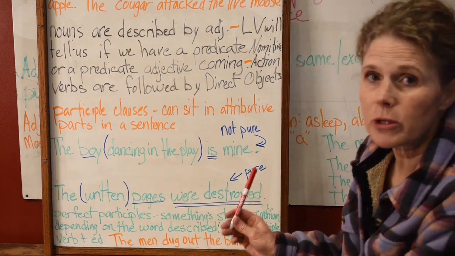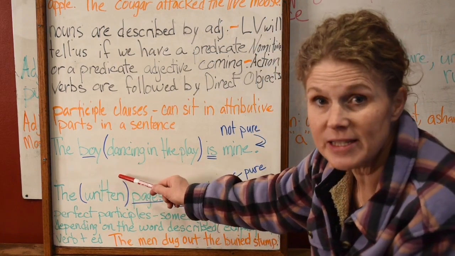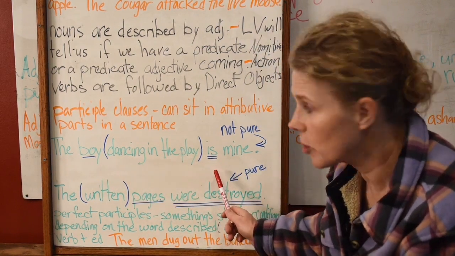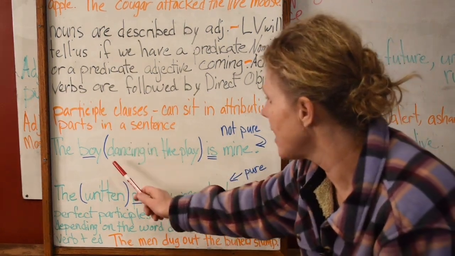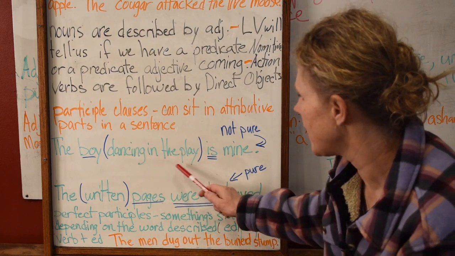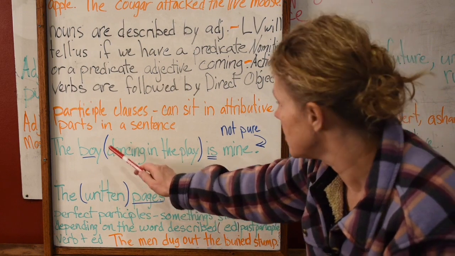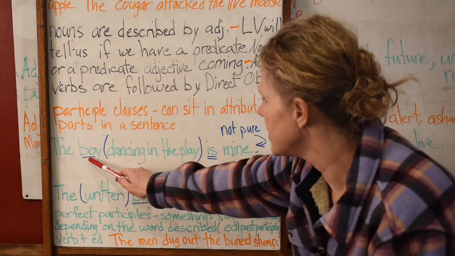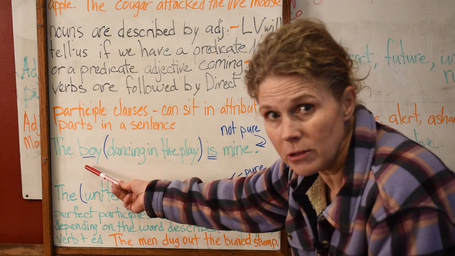So this can be really confusing. The boy dancing. A lot of people think that dancing is actually the verb. It's not. Dancing is acting as an adjective describing boy, but it's also put in with this prepositional phrase, because in the play is describing dancing. So these all go together and it's describing boy. See how it's right after the noun?